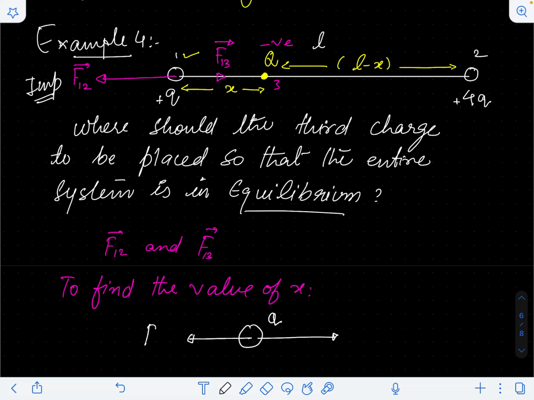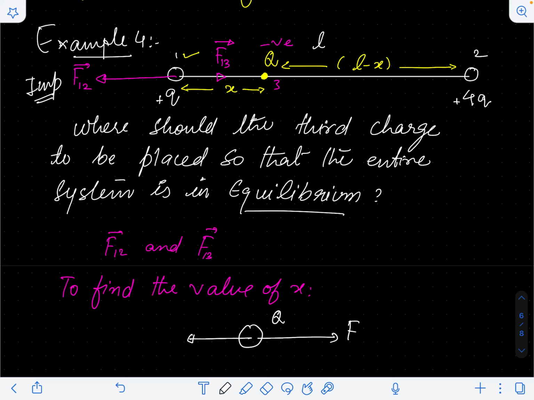As the third charge is negative, the second charge applies an attractive force on the third charge.